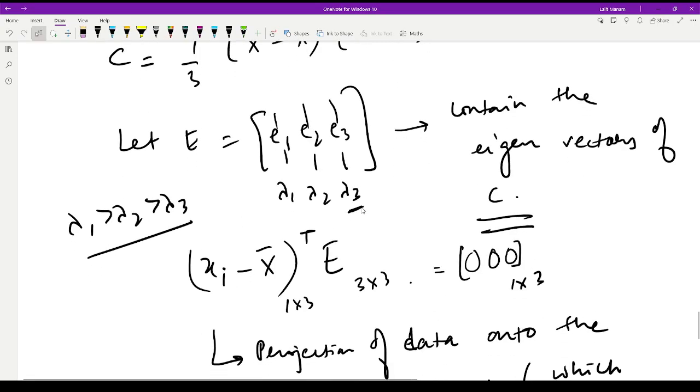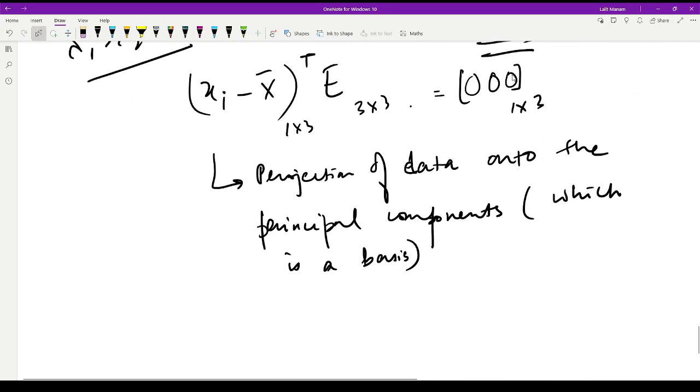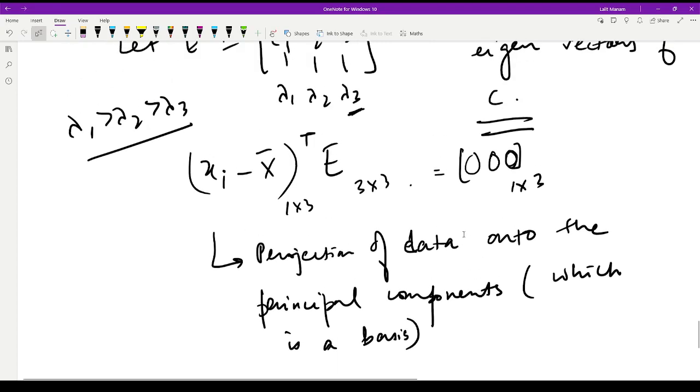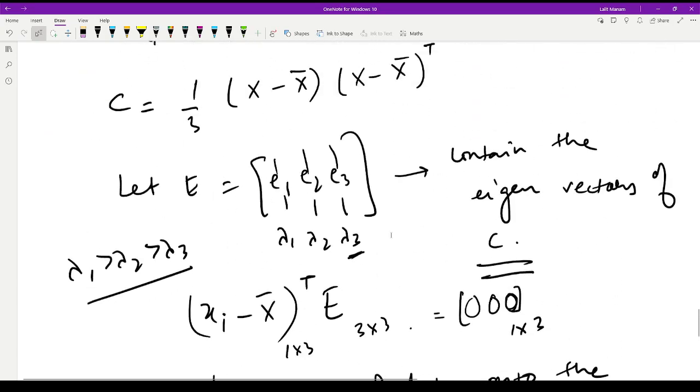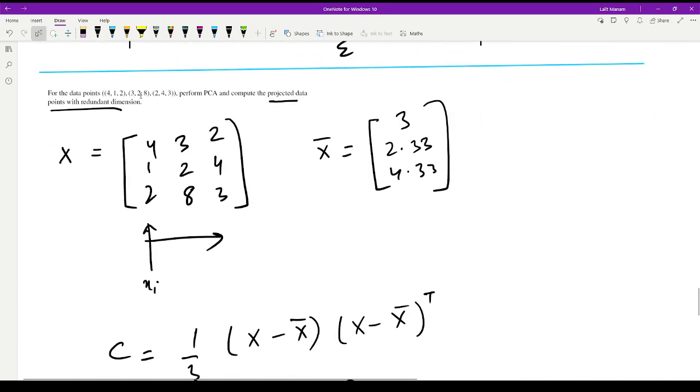The least, lambda 3. So you will consider only this specific component, but here you need to find it for the whole data. That means the third component for all the three xi's. Each of these are xi's.